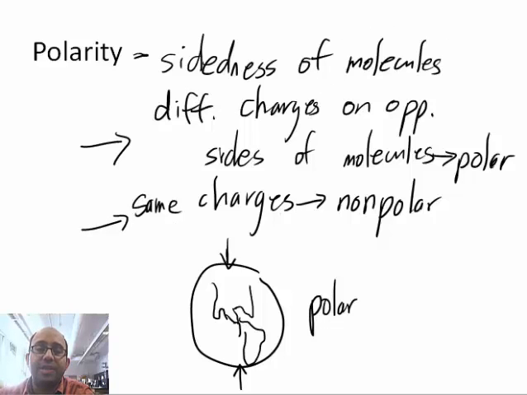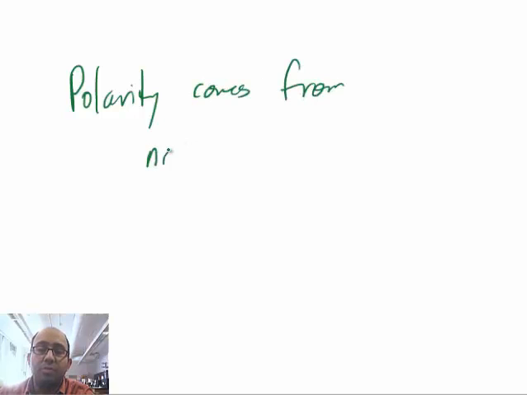So you're probably asking yourself, where did this sidedness come from? Well, it comes from electrons, because the electrons are the only things that can move around when atoms are bonding. So the polarity comes from movements of electrons. And actually, that's where chemical bonds are made.